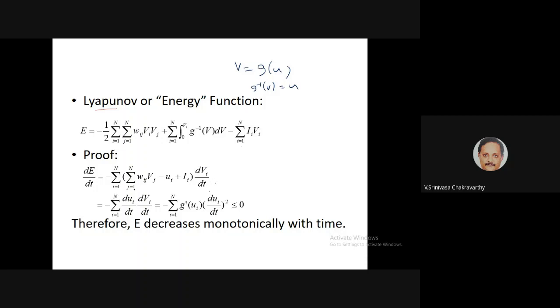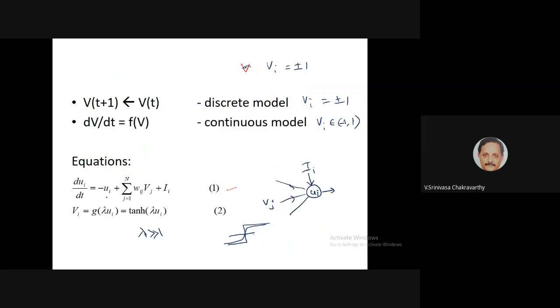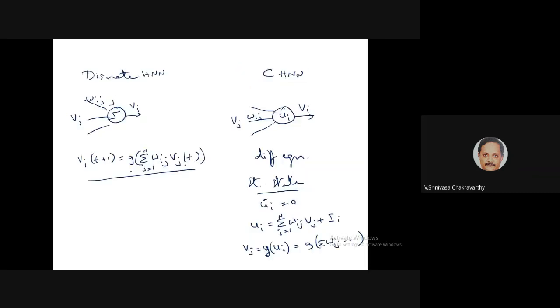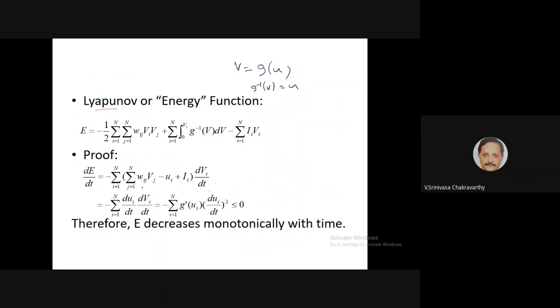So now you see that the expression inside the brackets is nothing but your dui by dt. So you use that here, and you get sigma over i from 1 to n of dui by dt times dvi by dt. And note that again, if you invoke v equal to g of u, then dvi by dt is equal to g prime of ui times dui by dt.